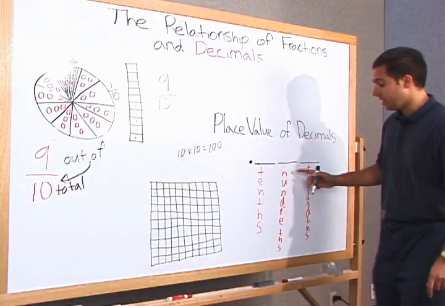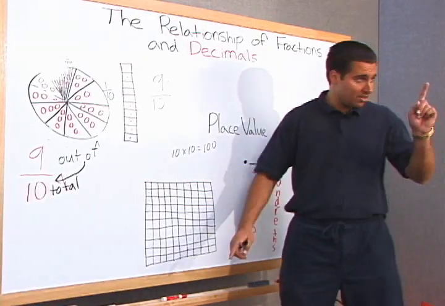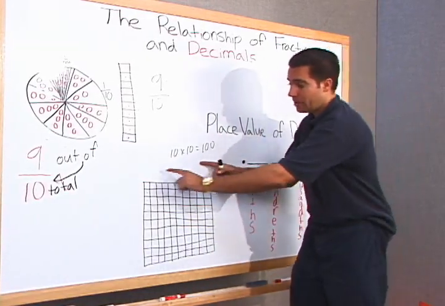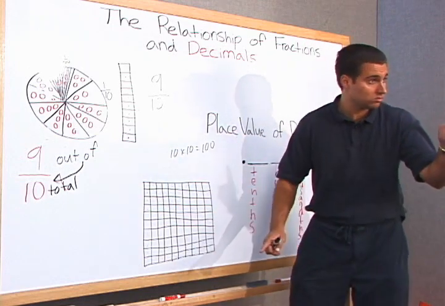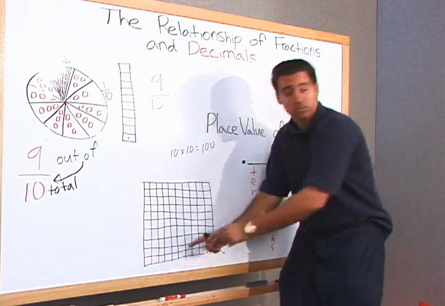100, you think of hundredths. Altogether, we have what? One whole. We have one whole square.